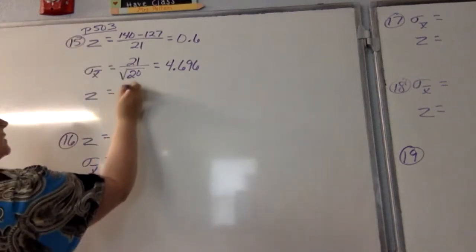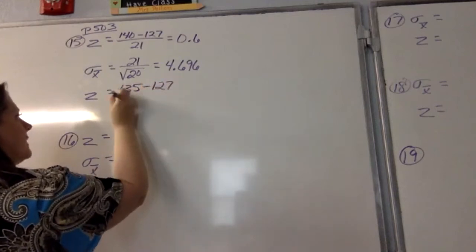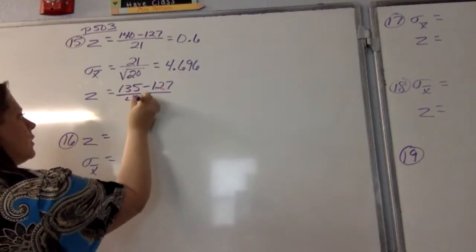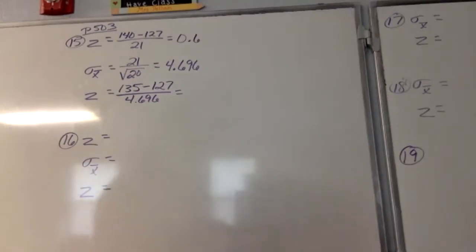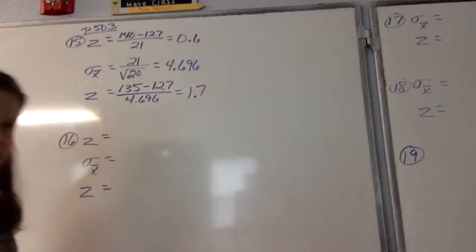So I'll take 135 minus our mean, which was 127, and I divide it by my standard deviation of the mean, 4.696. Again, the z-score is found to one decimal place.